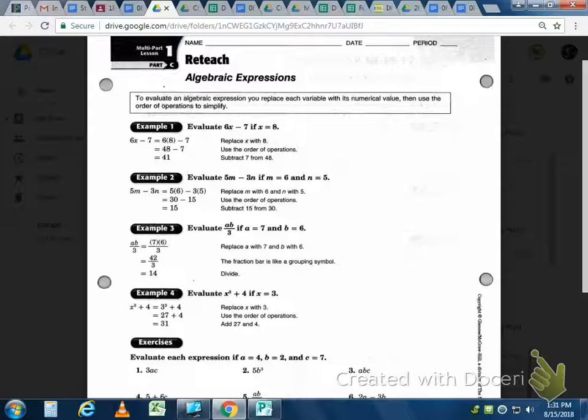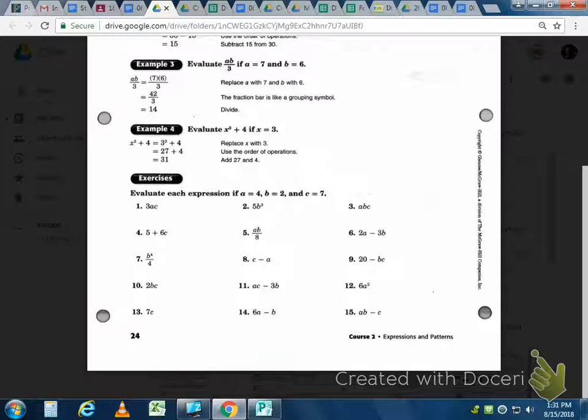We're going to go now to the examples. We probably will not get to all these, but we'll do a few of them. You are to write the odd problems down. Number 1, 3AC. Do I have a volunteer that would like to try to do this? Okay, Emily, what should I do when it says substitute or replace the values of the variables? So the A will be 4. Okay. And then the C will be 7.